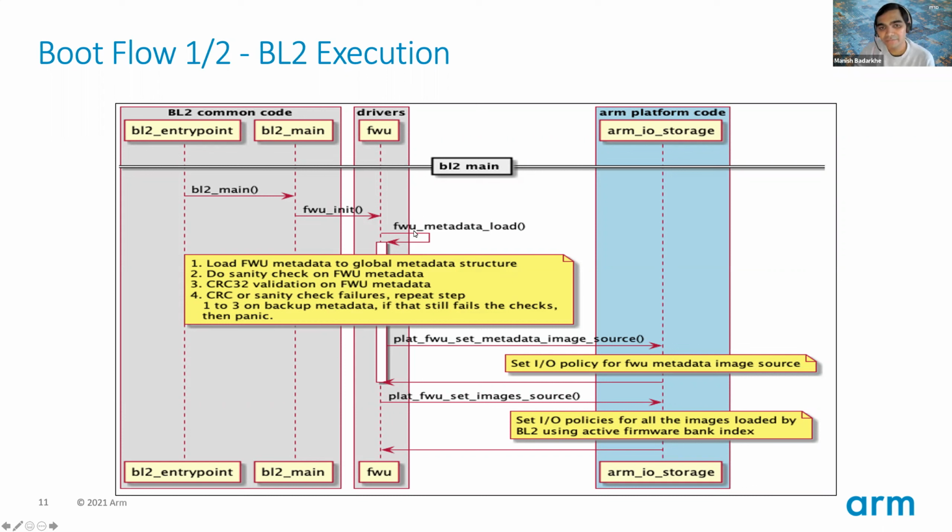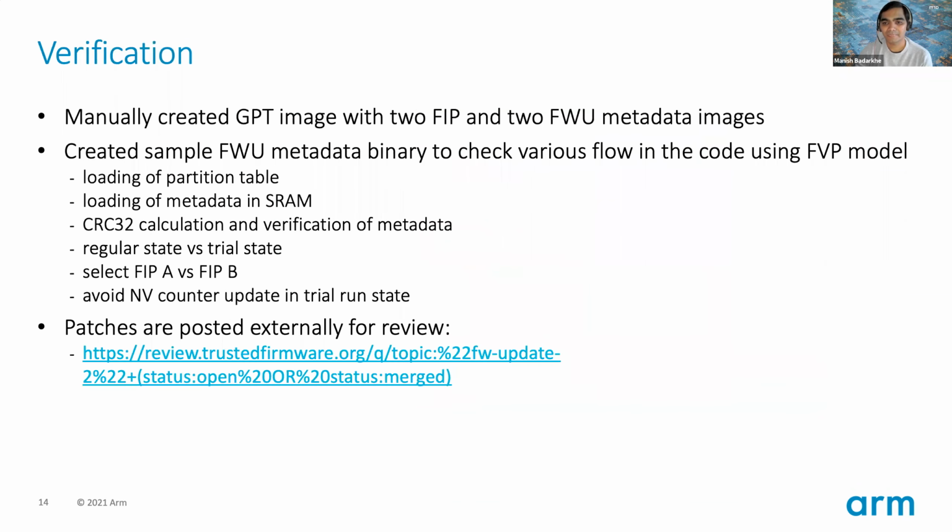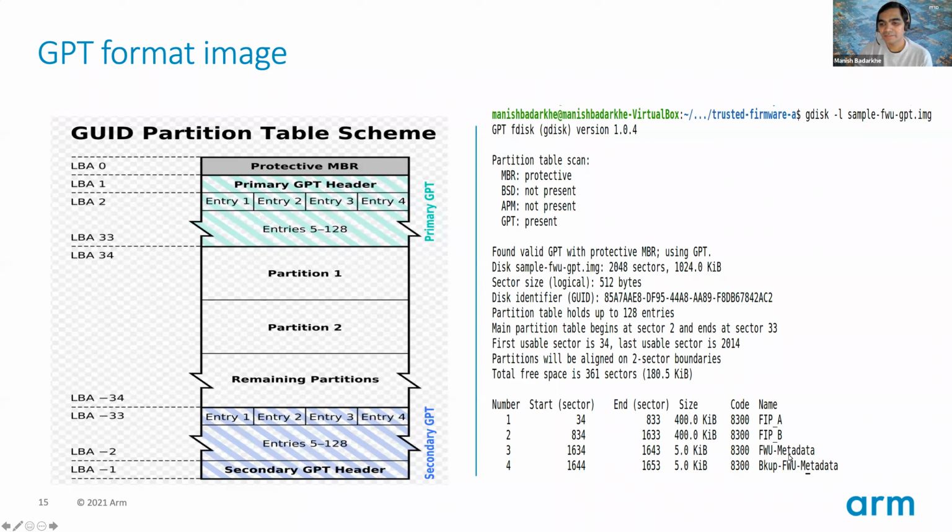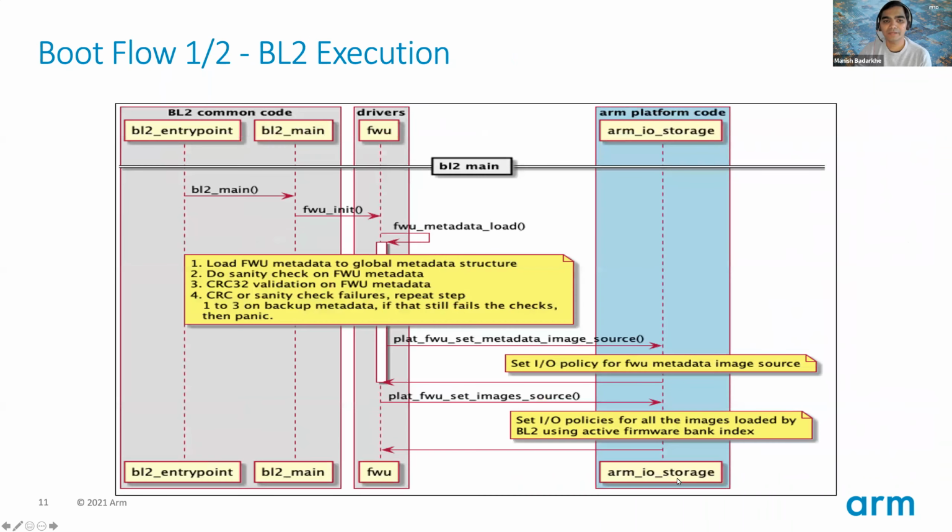If this metadata fails, there are two metadatas present, as I mentioned here. If one fails, then we can always go to the backup metadata. This is the fallback mechanism. If there is some corruption in the primary metadata, we go to the backup metadata.